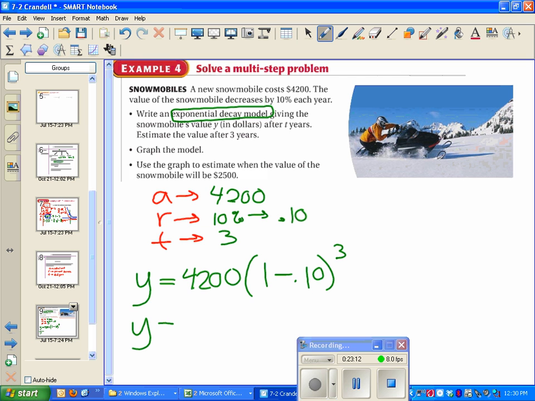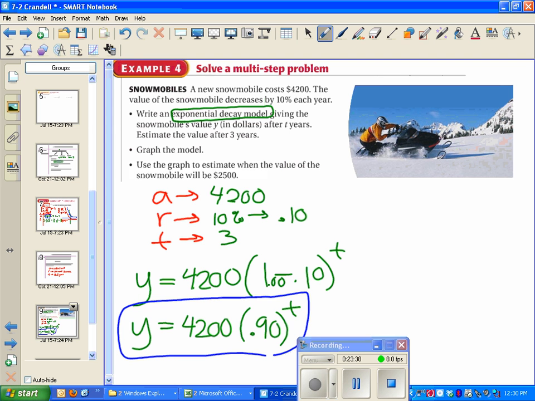To simplify that, we have 4,200. This 1 is like 1.00, so you're basically doing $1 minus 10 cents. So that would be 0.9, or 0.90 if that makes more sense. And if we want to write the model, we're not going to do the 3 part yet. We're just going to leave it as t. So there is our model.